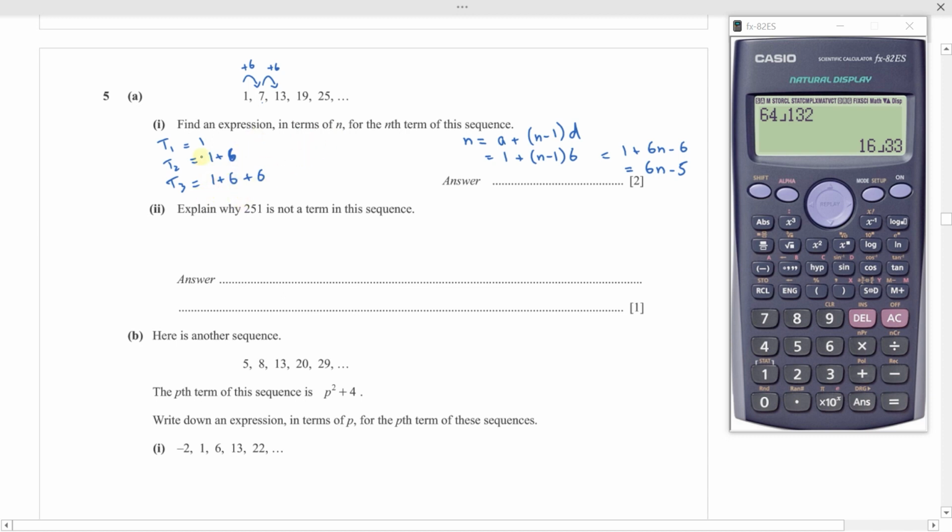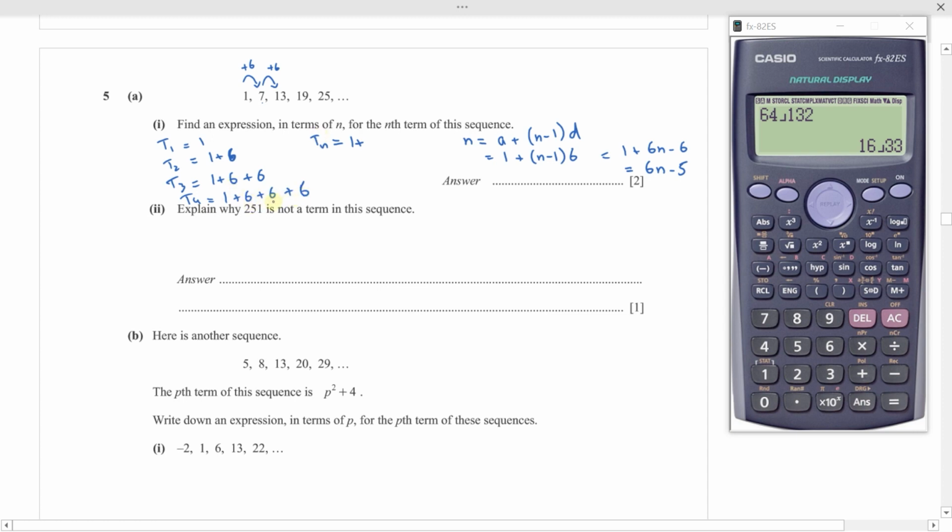So you're looking at 1 as the first term here. So each time in the next term, T4 will be 1 plus 6 plus 6 plus 6, right? Which is 19. So every time you add a 6. So for the nth term, you will have 1 plus. For the second term, you added 6 one time. For the third term, you added 6 two times. For the fourth term, you added 6 three times.